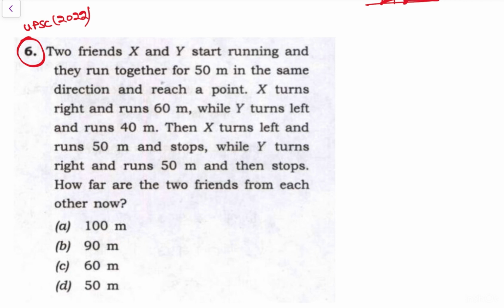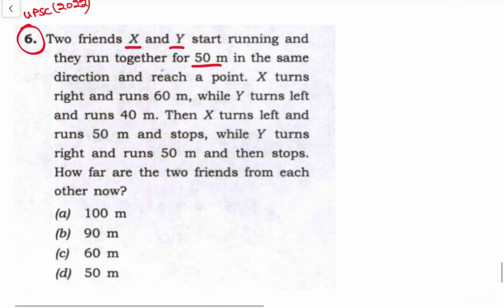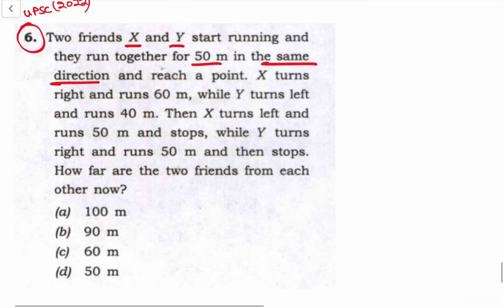ठीक है, जितना रिवीजन करेगा उतना फायदा होगा. So two friends X and Y start running and they run together for 50 meters in the same direction. See, imagine like X and Y running in the same direction, run for 50 meters, ठीक है, in the same direction and reach a point.